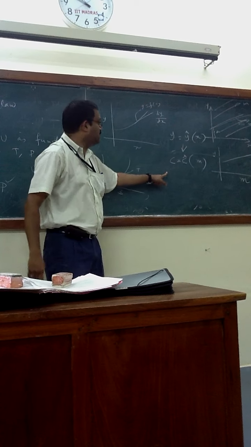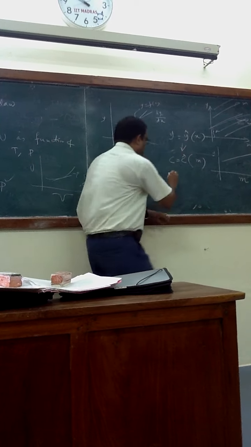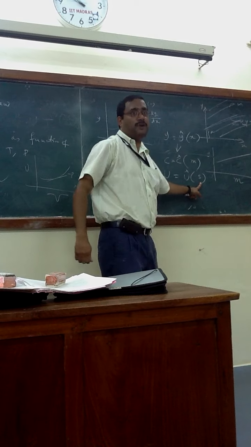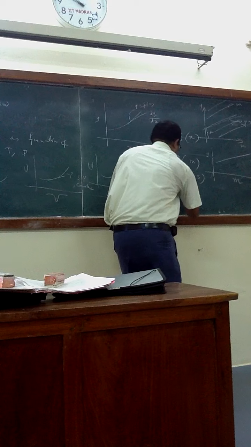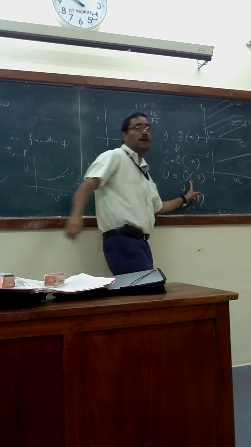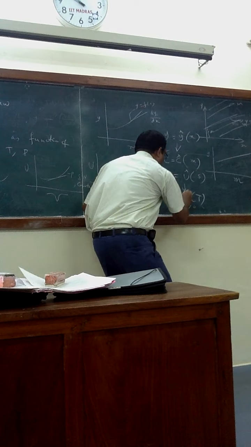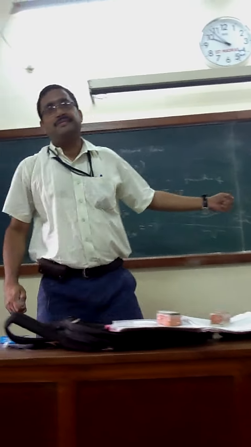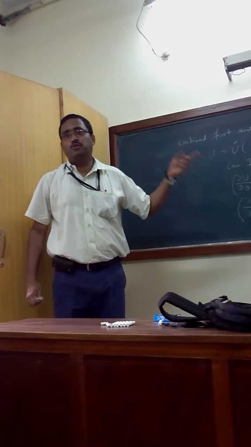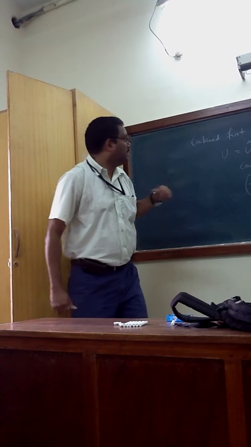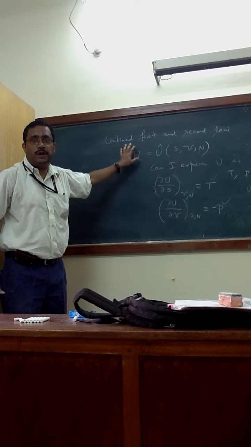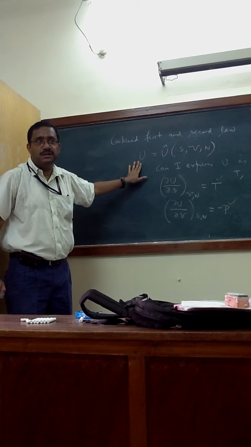That means if you want to express this in terms of temperature, the slope, this will not be U anymore. This will be something called C. So if you want to measure this property as a function of temperature and pressure, this property will be changed to some other property.